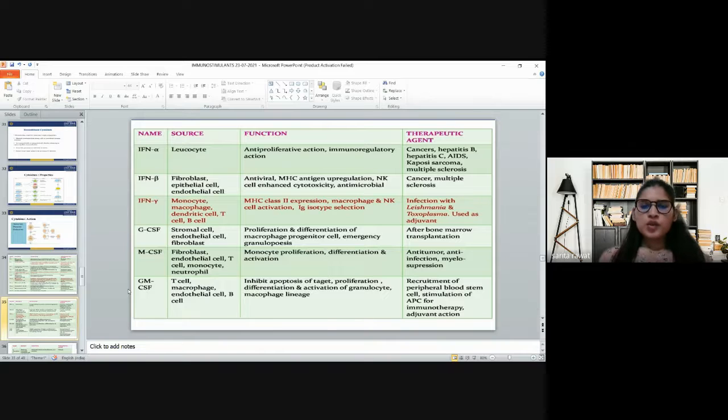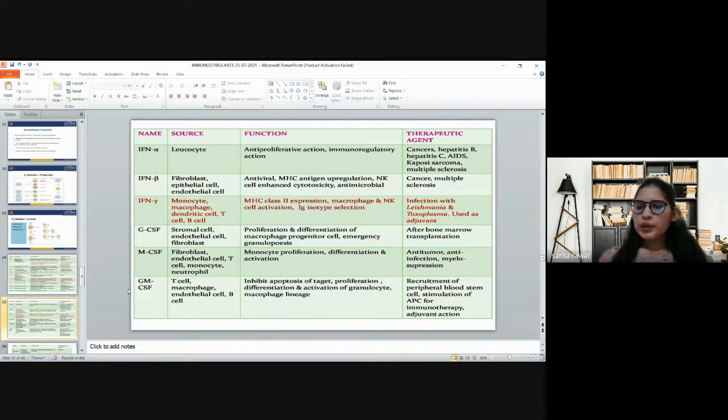Then next we have GMCSF. So the source included T cells, macrophages, endothelial cell, and beta cell. Function included inhibition of apoptosis of target, proliferation, differentiation and activation of granulocytes, macrophages, and lineage.